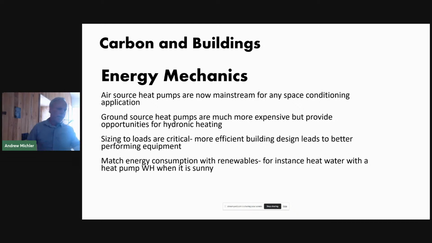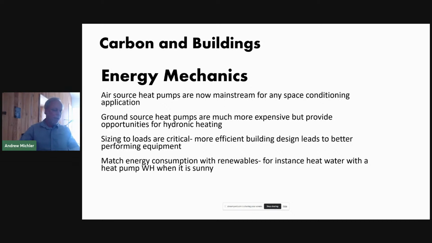And then there's two kinds. There's the air source and ground source. And typically we're finding now that the air source heat pumps are as effective as ground source heat pumps in terms of providing comfort and somewhat close in the energy efficiency of them. Ground source heat pumps are probably most cost effective for larger buildings where they have a balanced load between cooling and heating.